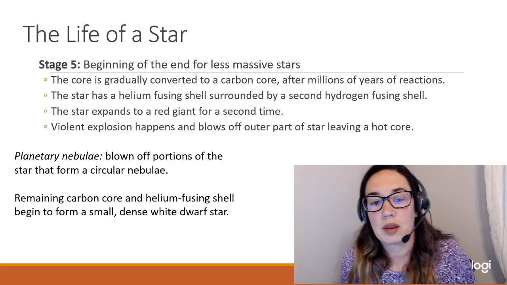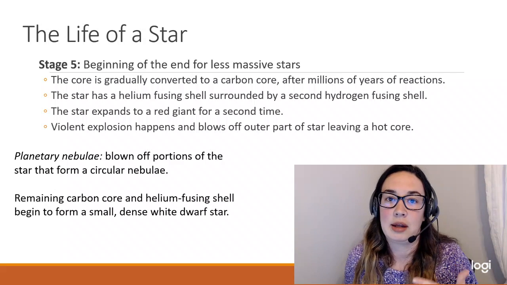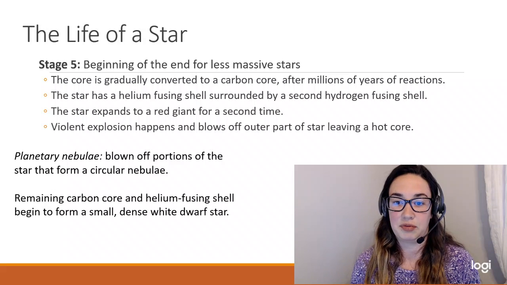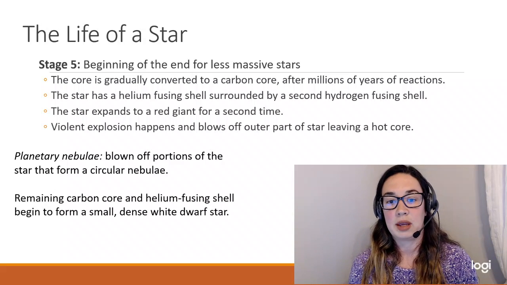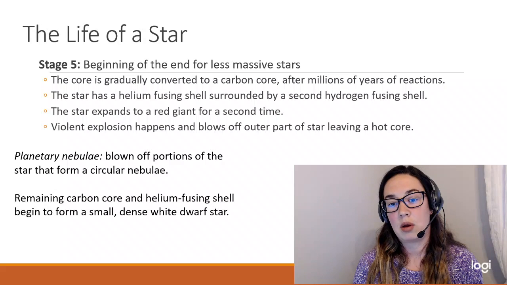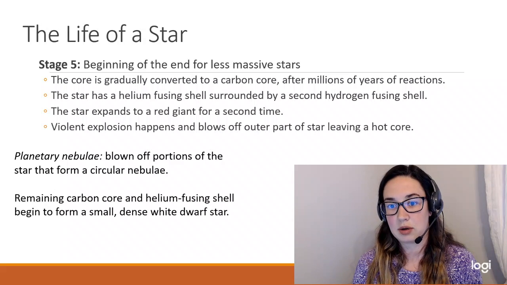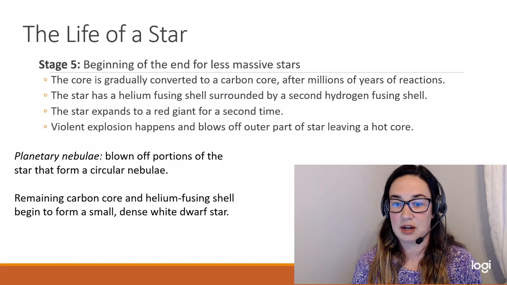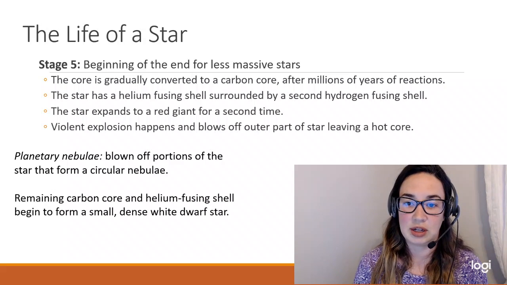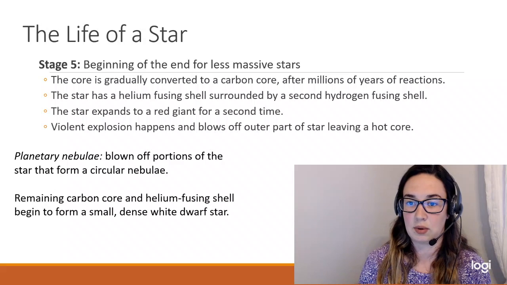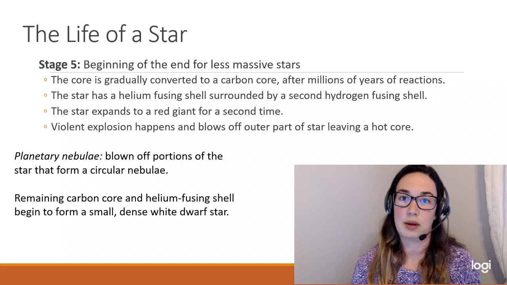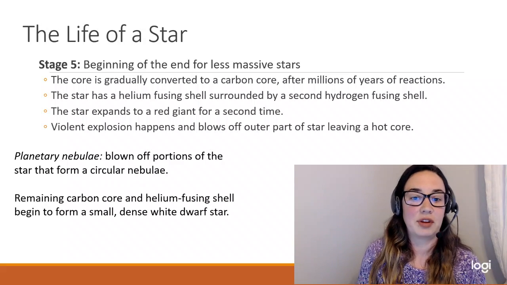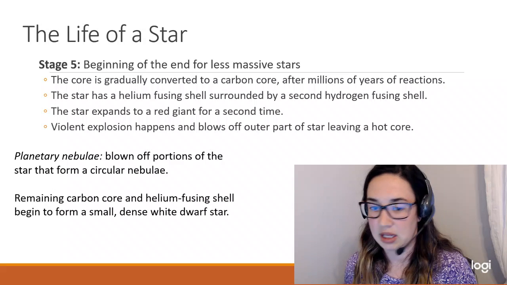And then after time, that remaining carbon core and the helium fused shell will begin to form a very small and dense white dwarf star. So it does have a little bit of life left here, but unfortunately it doesn't fall on the main sequence at all. And so it becomes that white dwarf, and that's where it goes into the white dwarf phase.